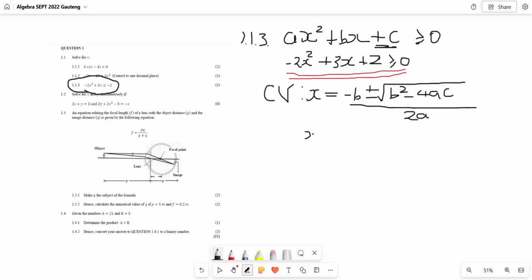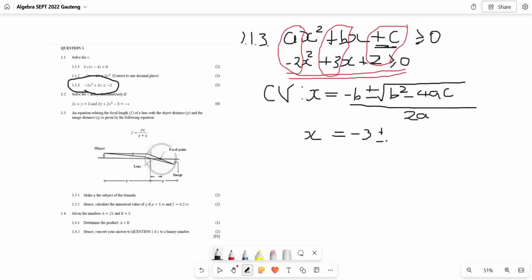Then x is equal to, then the value of b that we have here with its respective sign, the value of a, and the value of c. Now we just substitute, with the negative that came with the formula.